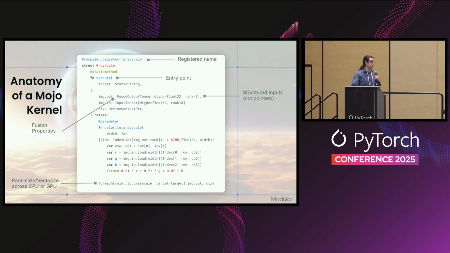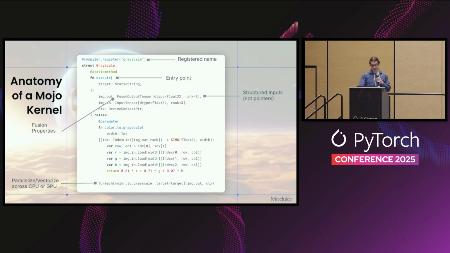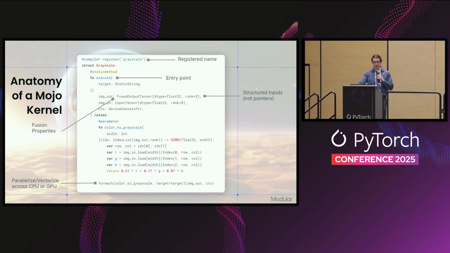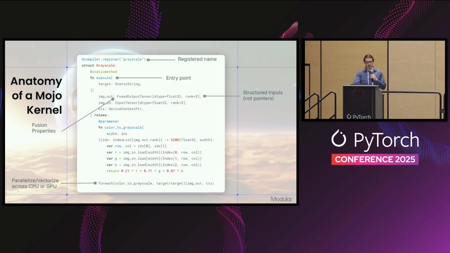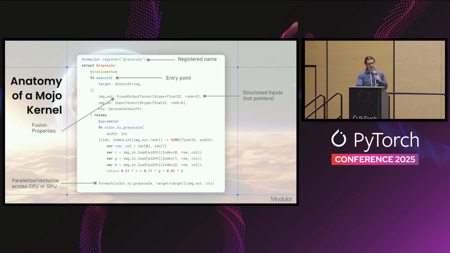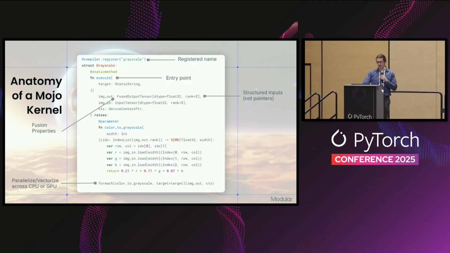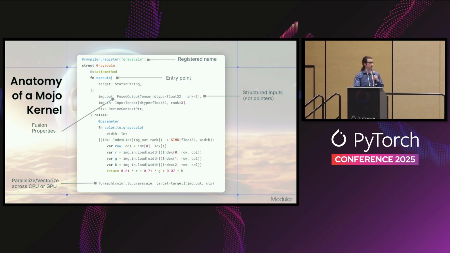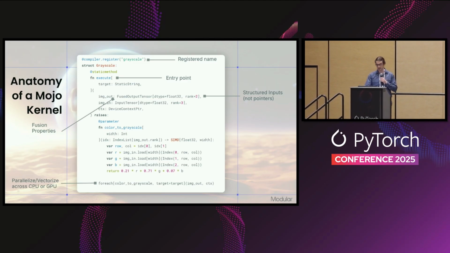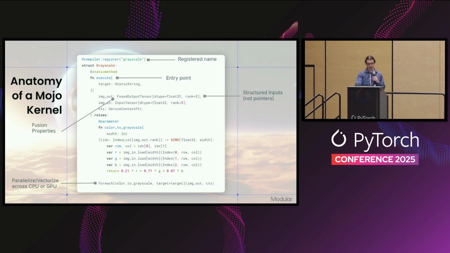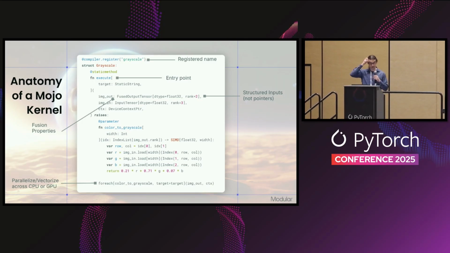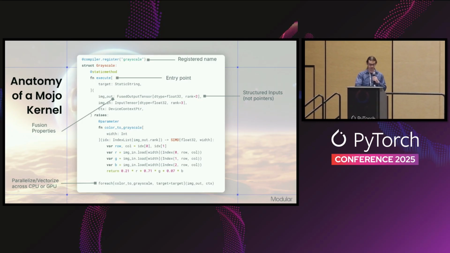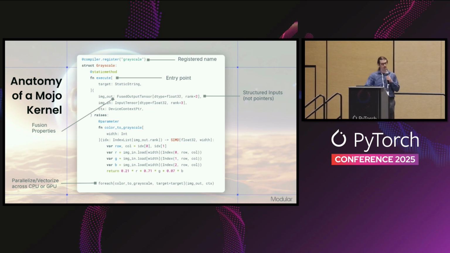The rest of the code is, in fact, the implementation. So everything here is implemented in terms of the for each function. For each is just a normal Mojo library function. It comes with our standard library. It will parallelize and vectorize a given function across either the CPU or the GPU. In this case, we're giving it the color to grayscale function, which just computes one or more output pixels for a given point in the iteration space.